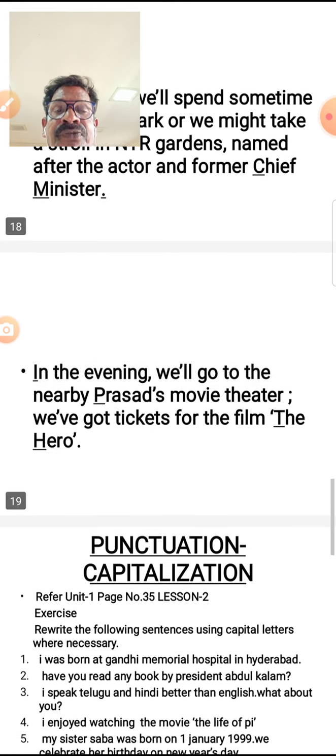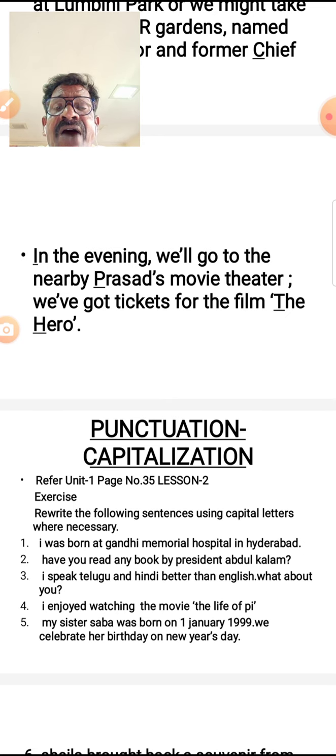And for your comfort, I have taken once again an exercise that has been given in the textbook in lesson number 2, which is a continuation of this punctuation, so that we can end the punctuation chapter from our textbook. Now let us have a look at capitalization. Refer unit 1, because in that unit we have come across the rules and regulations discussed before, and that is why here it has been given refer unit number 1.